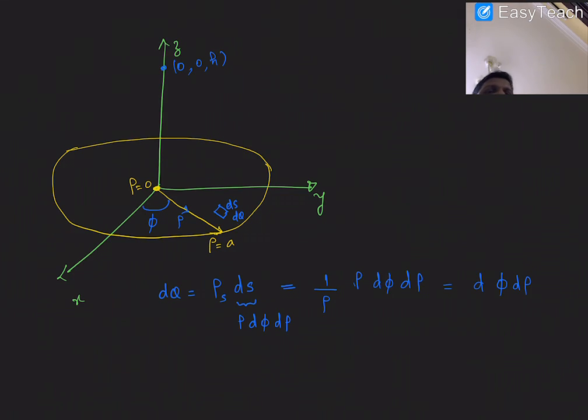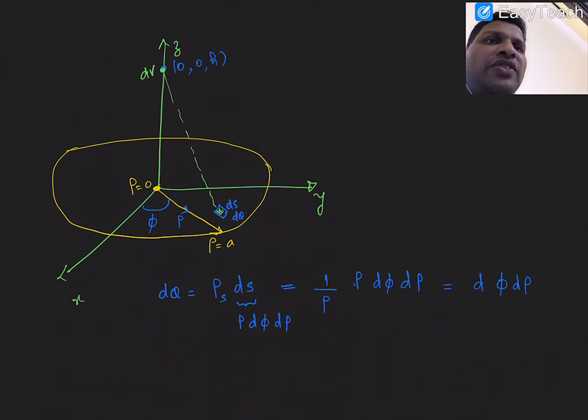Okay, now we want to find what is the potential at the point 0, 0, h. So the potential at the point 0, 0, h due to this small charge dq is given as dV. That means this charge will create a potential at the point 0, 0, h.